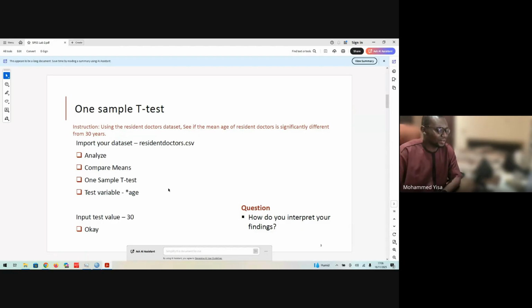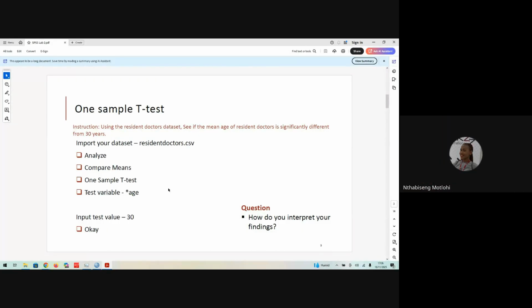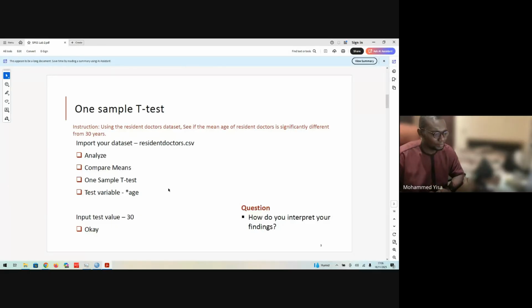For example, if the mean of the population is a certain number, then one might hypothesize that the current sample or population is below or above that. So they can do the one sample t-test to test that hypothesis. Okay, thank you for that answer.